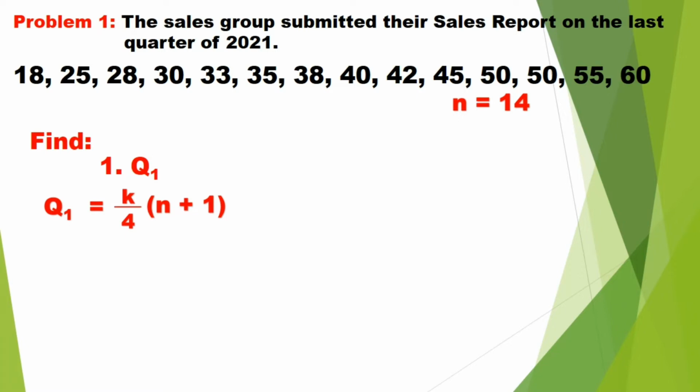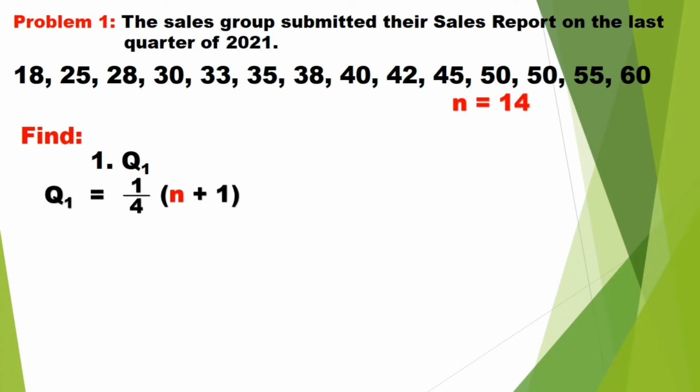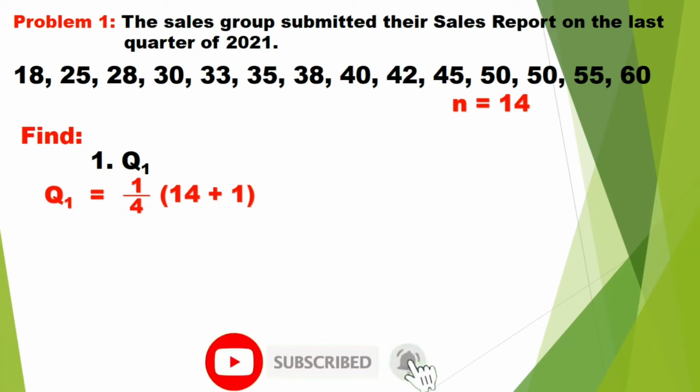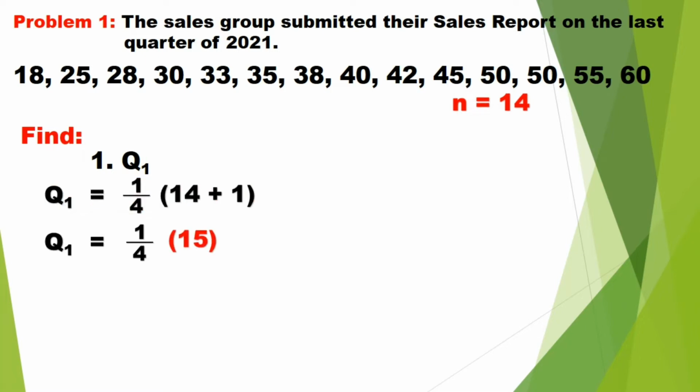Our formula, Q sub K equals K over 4, quantity N plus 1. In the problem, we know that K is equal to 1 and N is equal to 14. So, our general equation will be Q sub 1 equals 1 over 4 quantity 14 plus 1. Simplify first inside the parentheses. 14 plus 1 equals 15.